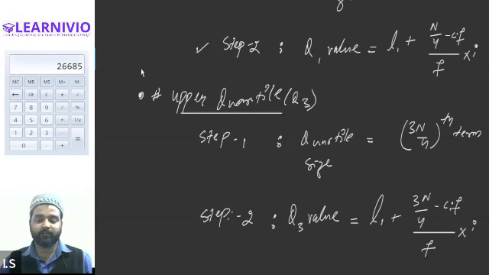So this might seem difficult, maybe because you are still writing the formula. We haven't done any question based on the upper and the lower quartile till now. But when we do questions based on these, you will find that it is not as difficult.